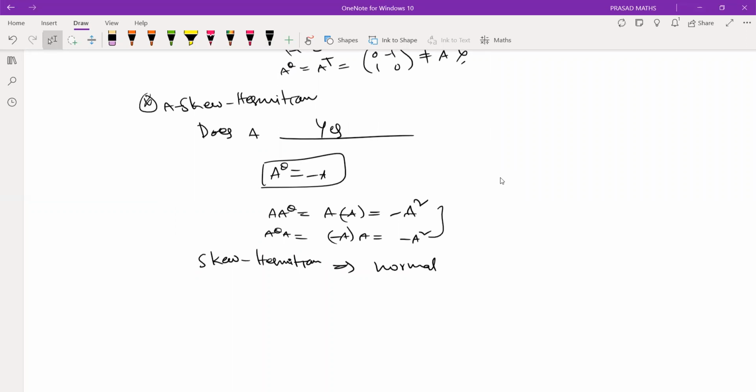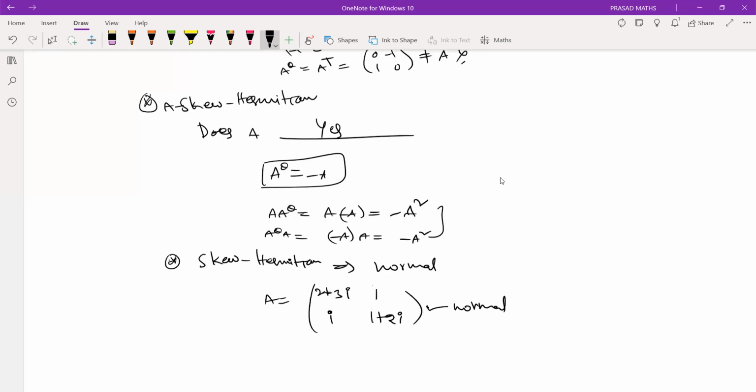Does it mean that the converse is true? Anybody? Just look at the example which we have already seen: 2 plus 3i, 1, i, 1 plus 2i. You have seen it is normal.